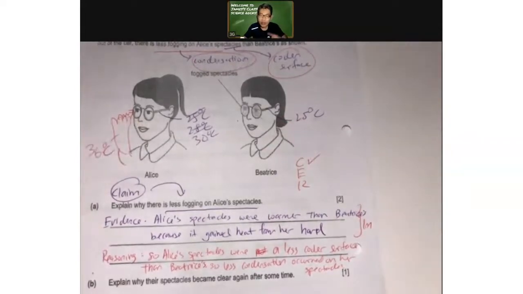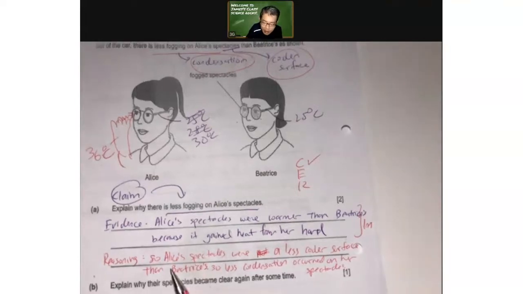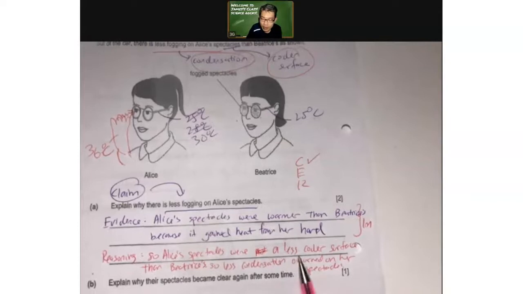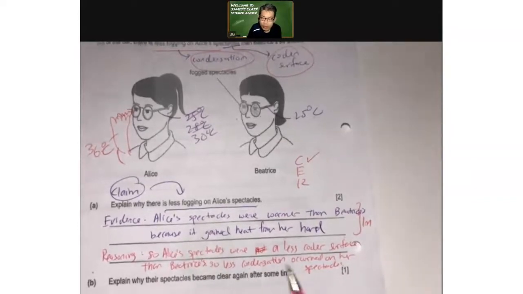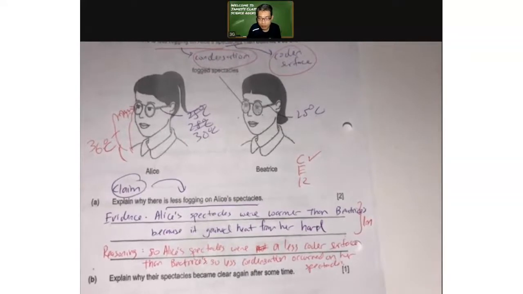So in other words, you can also answer from Beatrice's point of view. You can say that Beatrice's spectacles had more condensation because it was a much cooler surface than Alice's. My answer, I answer from Alice's perspective. Alice's spectacles were a less cooler surface than Beatrice's. So there were less condensation occurring on her spectacles.